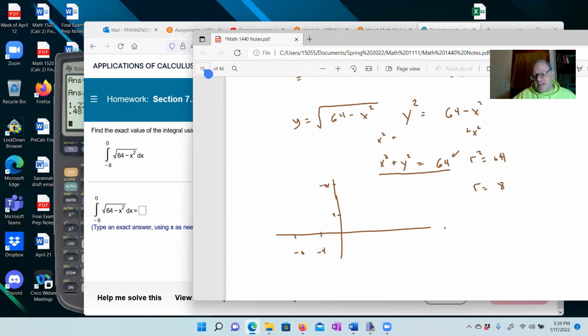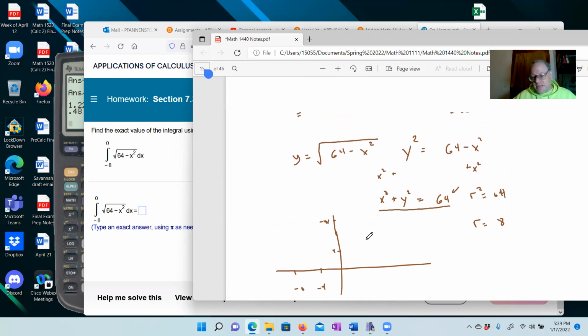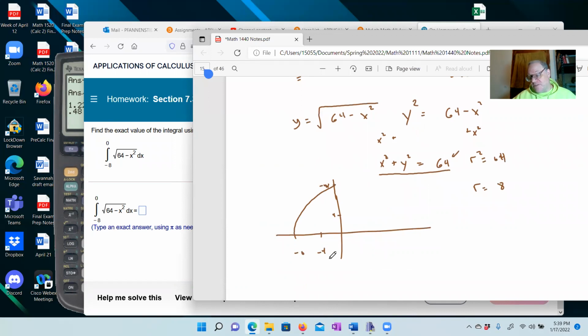If we set x equal to 8, we get 64 minus 64, so y equals 0. So we have a quarter circle, because it's going from -8 to 0. So we have a quarter of a circle with radius equal to 8.